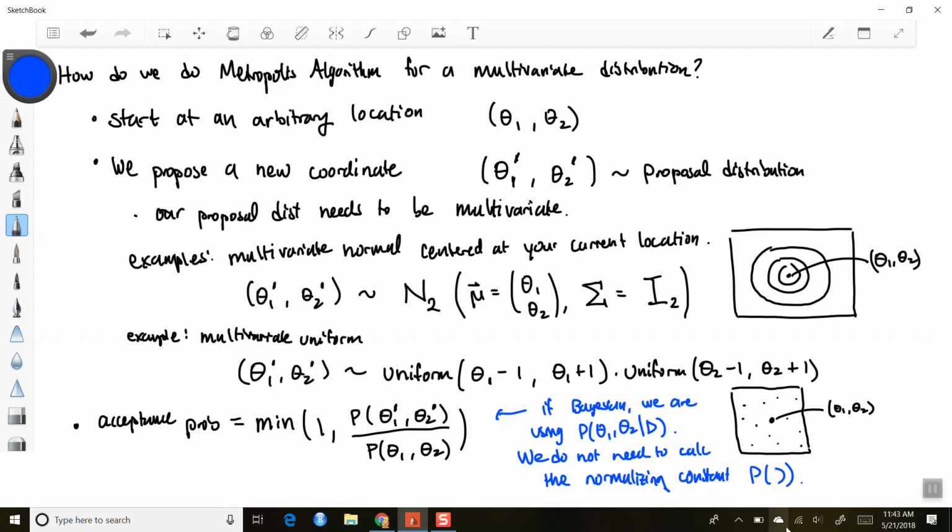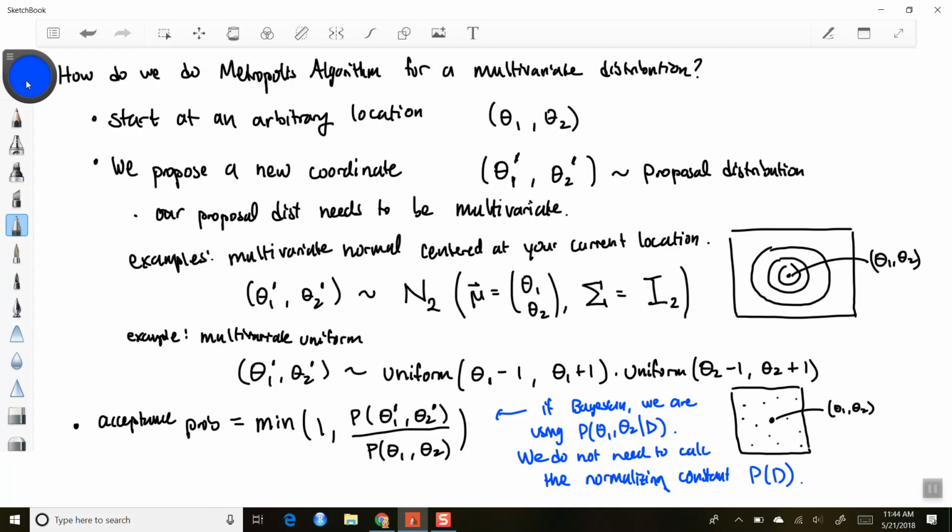Because our acceptance probability is the ratio of these two things, if there's a normalizing constant, it cancels out in the numerator and the denominator. We don't actually have to calculate it. And then, of course, if it's Bayesian, we're going to be using the posterior distribution to figure out what our acceptance probability is.